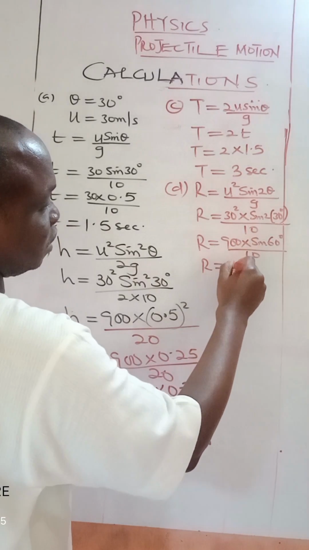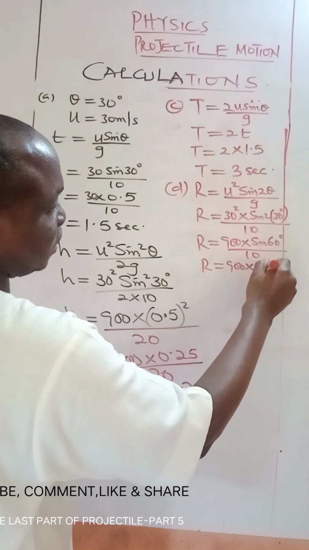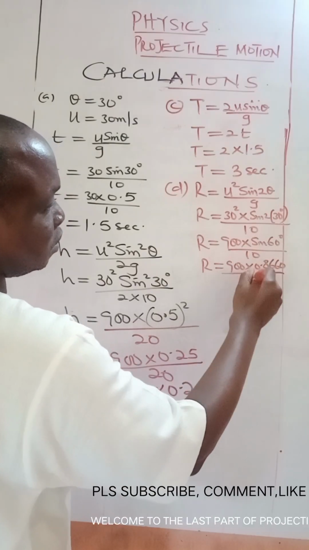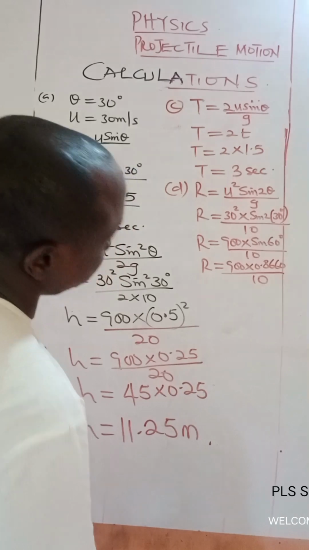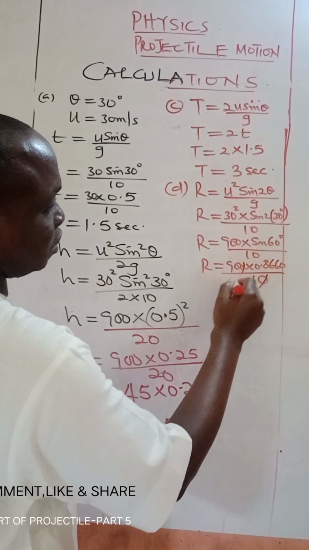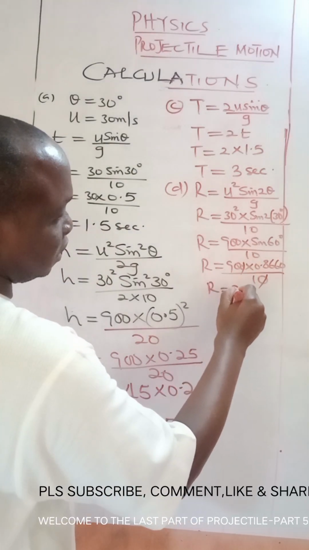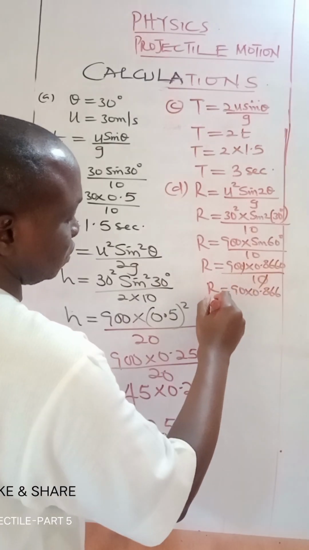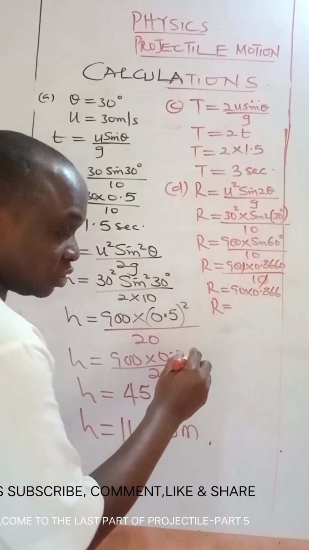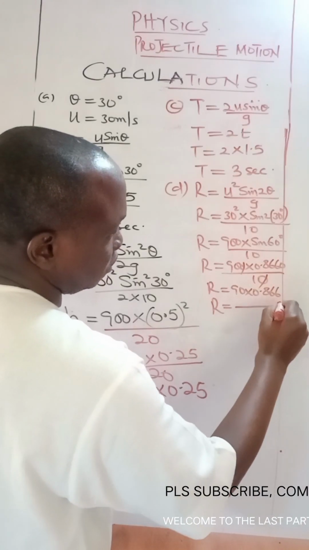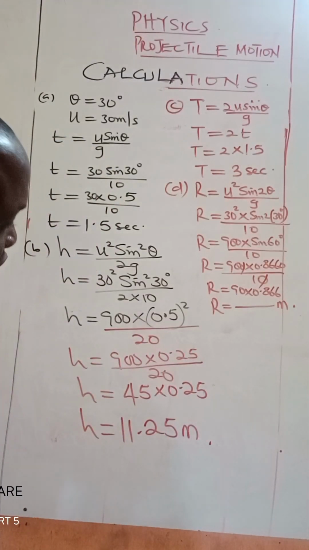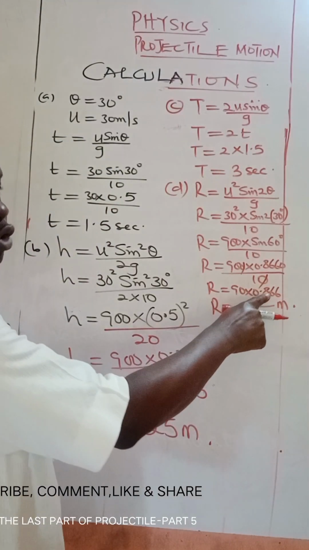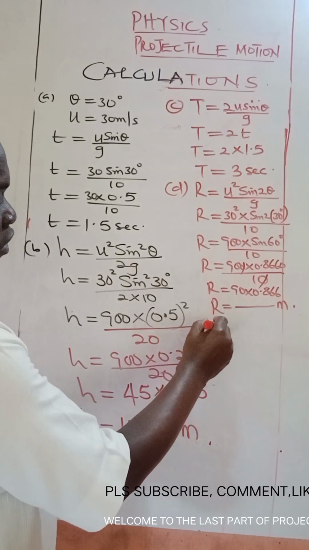R is equal to 900 times 0.8660 divided by 10. So this cancels this, and you have R is 90 times 0.866. So viewers, use your calculator and leave it in meters: 90 multiplied by 0.866.